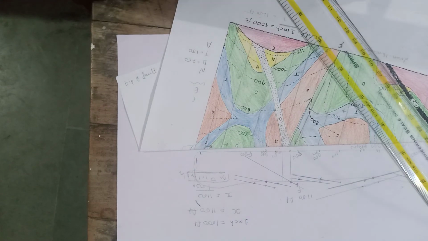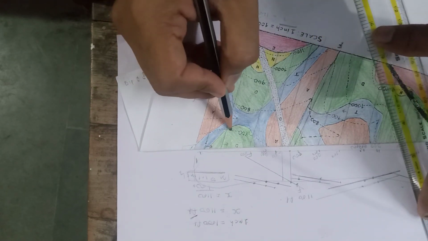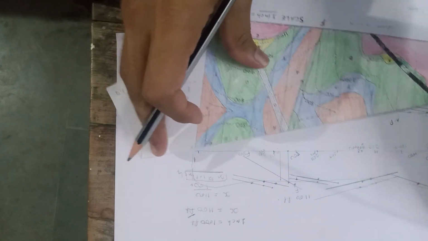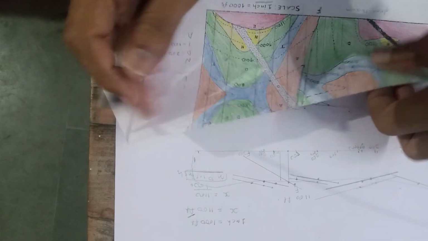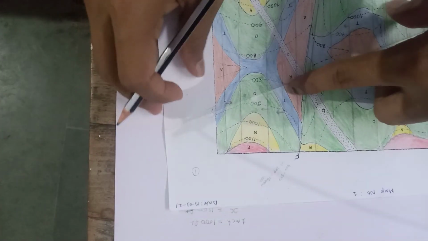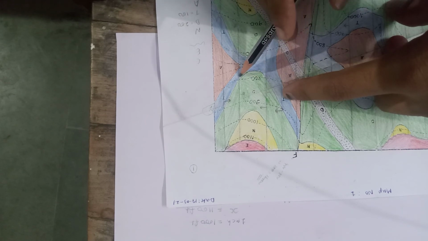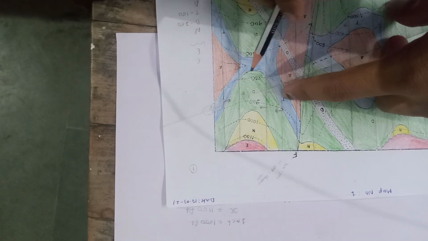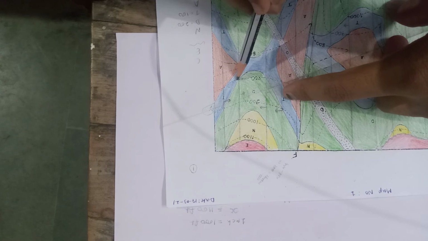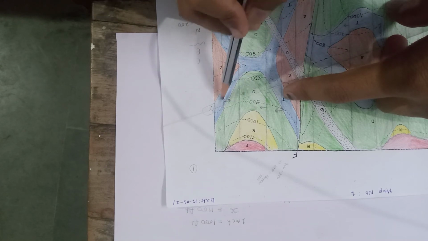Okay, simultaneously for these two which are dipping in this direction, we first need to find the two strike lines for the TD contact. Suppose this is the first TD contact and this is the second TD contact. This strike line is cutting the TD contact at 800, another strike line is cutting the TD contact at 900.